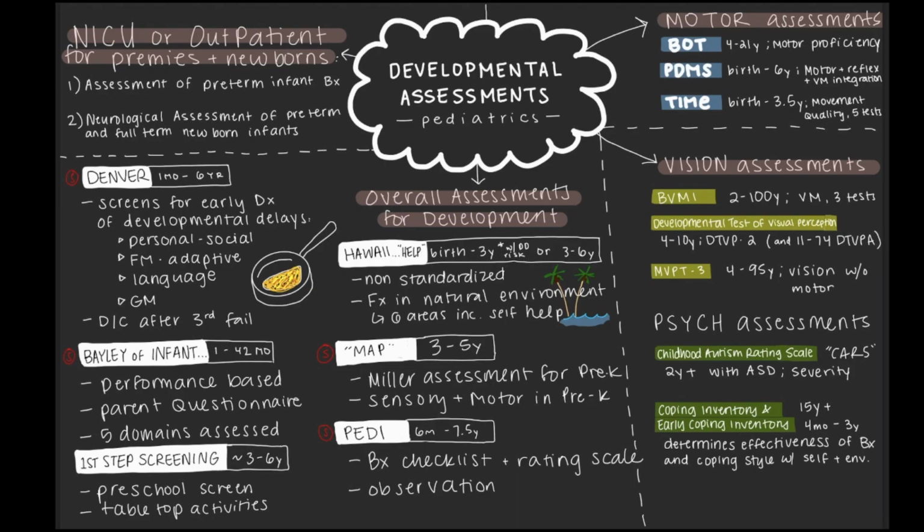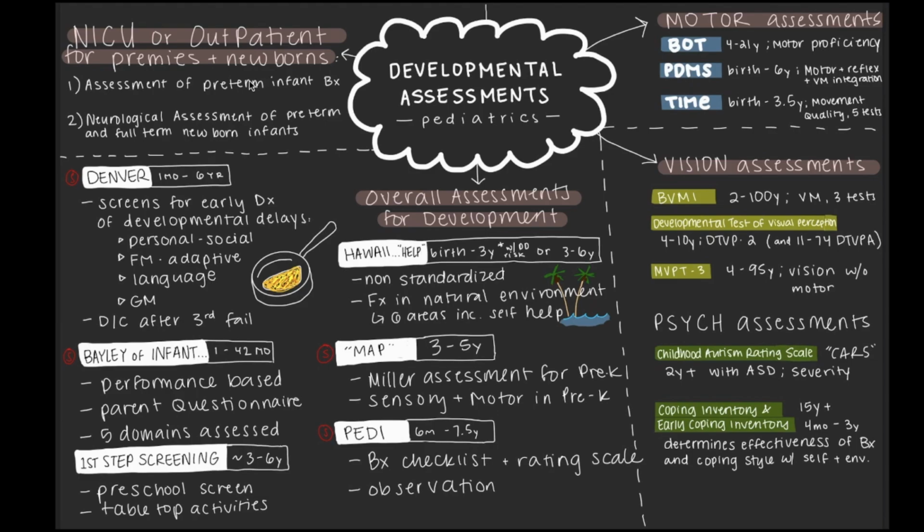First we have the assessment of preterm infant behavior and the neurological assessment of preterm and full-term newborn infants. Both of these, in my opinion, are pretty easy to understand what they are for and what populations they serve because they say preterm and newborn infant in the actual name. So if this pops up on a question, just reason through why it might be called what it's called, right?